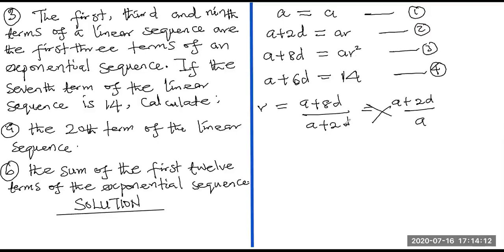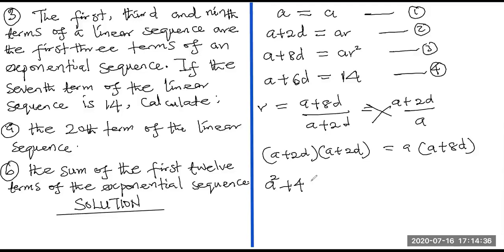When we cross multiply, we are going to have A plus 2D multiplied by A plus 2D is equal to A into A plus 8D. Alright, when we expand, A times A is A squared, and expanding this gives A squared plus 4AD plus 4D squared, equal to A times A which is A squared, and A times 8D gives 8AD.